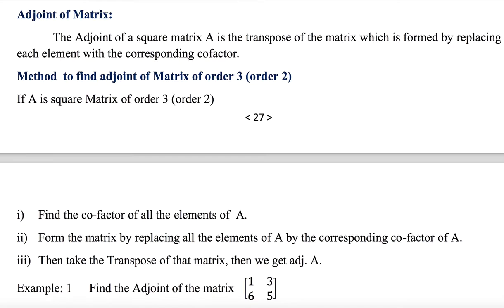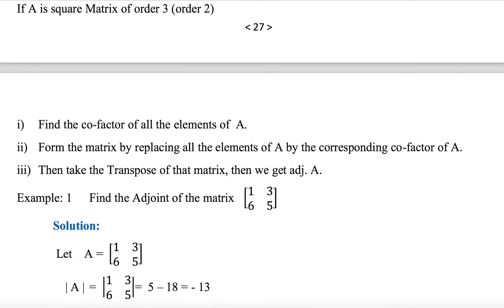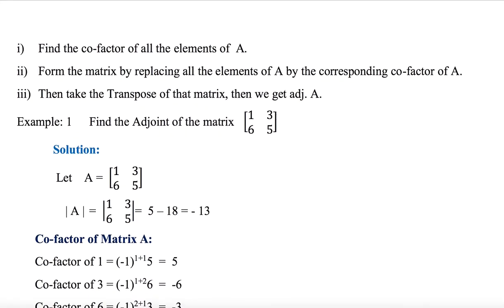So the method to find the adjoint of order 3 or order 2: let's say A is a square matrix of order 3. Find the cofactor of all the elements of A. Form the matrix by replacing all the elements of A by the corresponding cofactor of A. Then take the transpose of that matrix, and we get adjoint A.